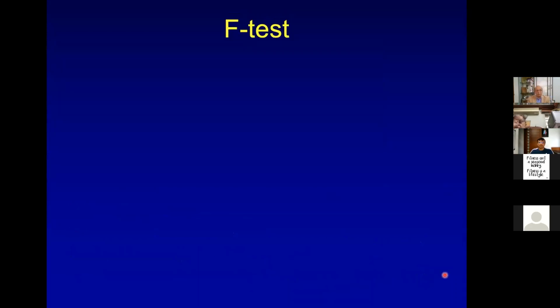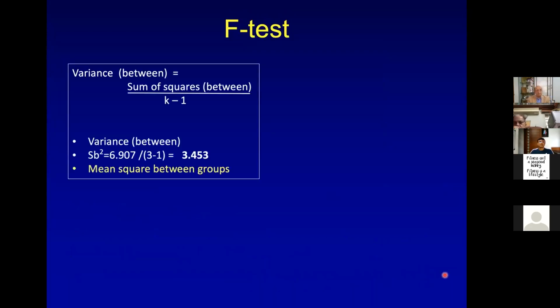So then we can undertake the F test. This is the variance between the groups, which is key for ANOVA, given as SB squared. The sum of squares divided by K minus 1 gives 3.54, and this is the mean square between the groups.